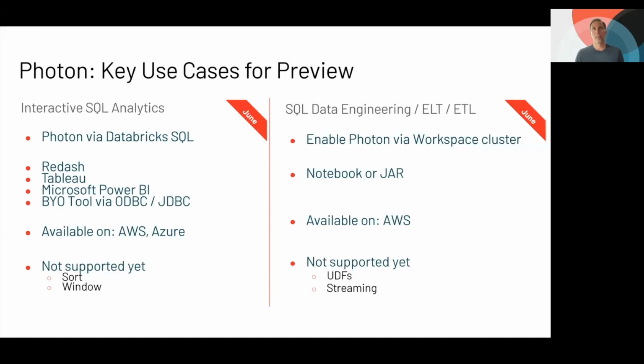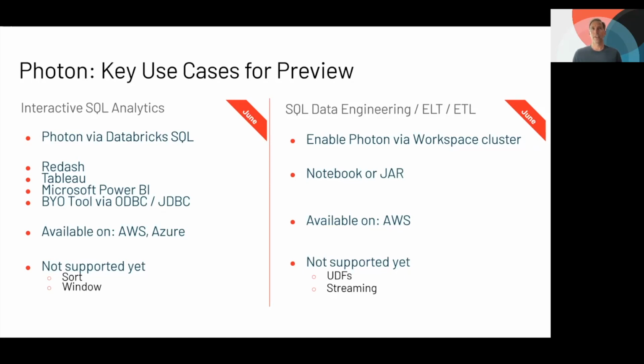In June, Photon will be available on Databricks in two areas of the product. First, in Databricks SQL. This is the easiest way to try out Photon using SQL. You can just provision a Databricks SQL endpoint and use the SQL native Redash interface, or connect Tableau or Power BI, or even your favorite BI tool via ODBC or JDBC.